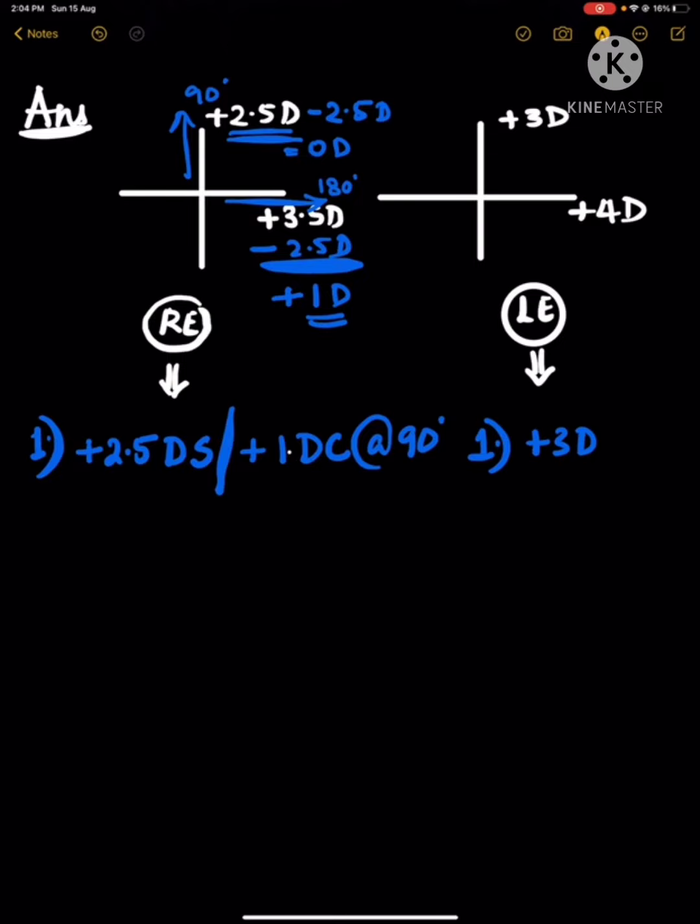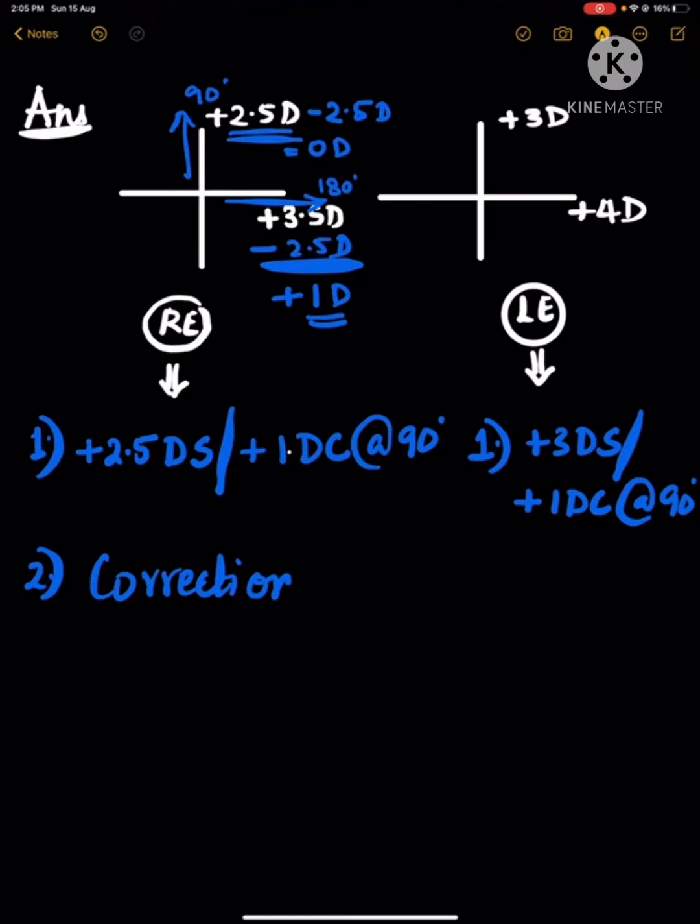Plus 3 diopter sphere with, I'm gonna write here, plus 1 diopter cylinder at 90 degree. Simple. Now, the next step would be correction for cycloplegia.